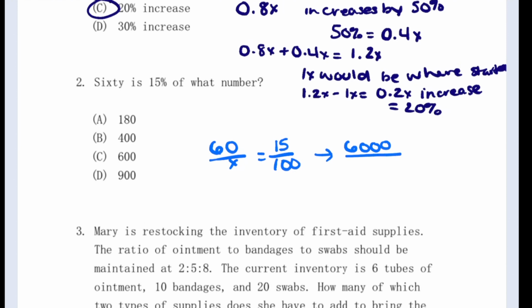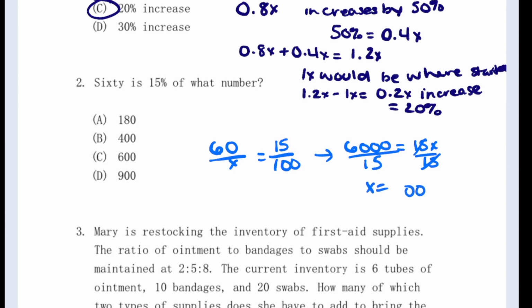So what we're going to do is multiply 60 by 100, so we get 6,000, and now we know that 6,000 is 15x because we cross multiply them both, and we want to make them equal because we're trying to figure out what x is. So we'll then take 6,000 divided by 15, and x equals 400.